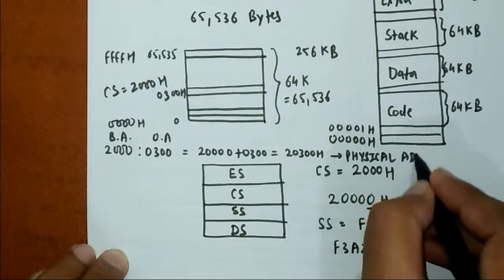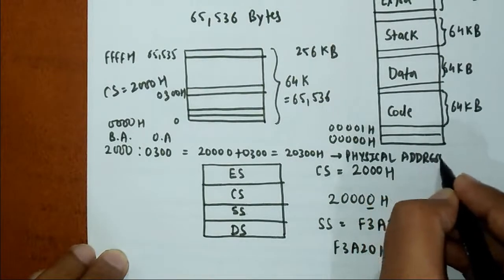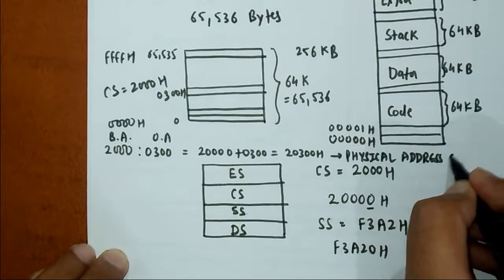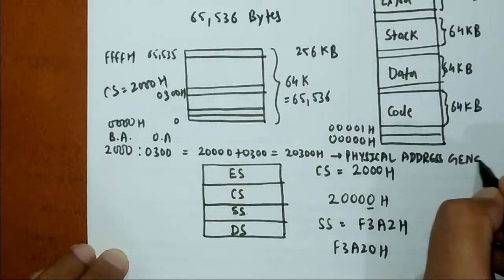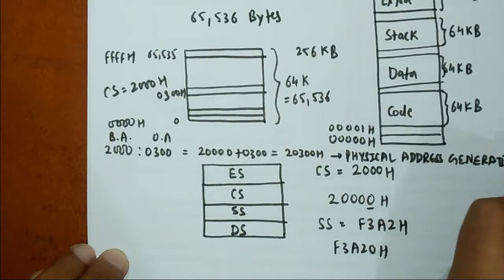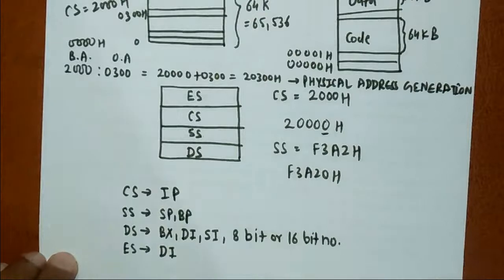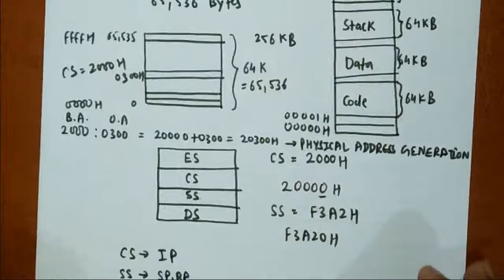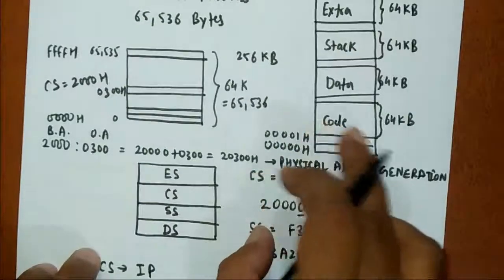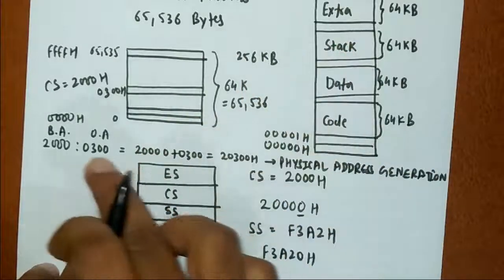Physical address generation. So now you must be clear how a 20-bit address is generated inside the 8086 using two 16-bit registers. For different segments, there are different offset addresses.